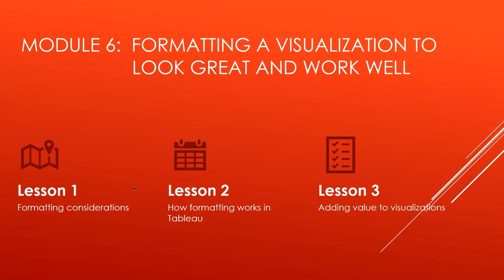And we learned that we should start at the outermost level, which is the workbook level, and then move on to the worksheet level, and then the visualization level. And by doing that, we can save a lot of time. So we started with the workbook level by choosing a font and font color, and then we adjusted the font size at the worksheet level.